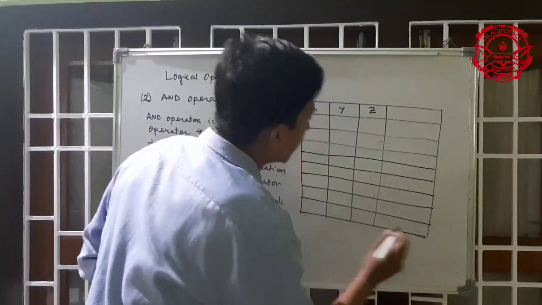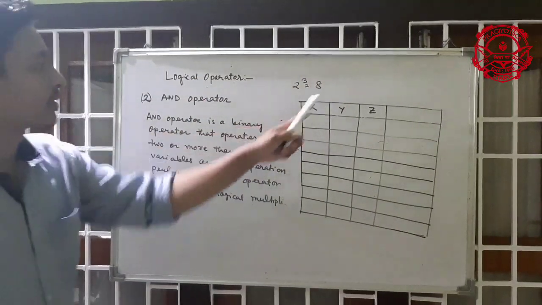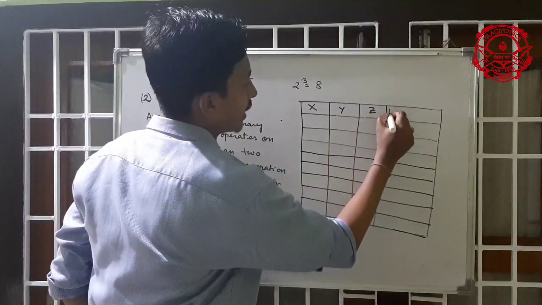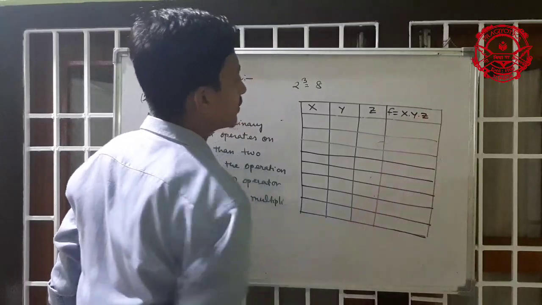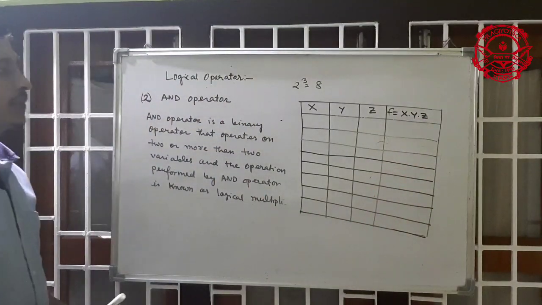Here you can see there are 3 variables, x, y, and z, and the last one is x equal to x into y into z.